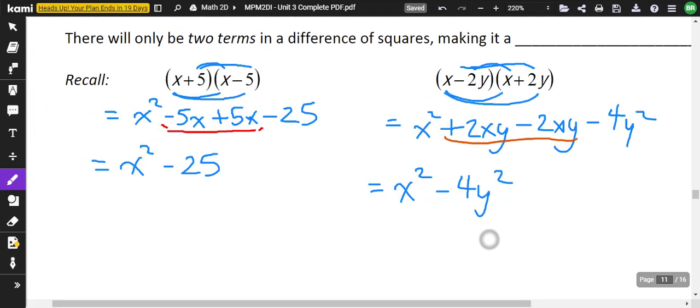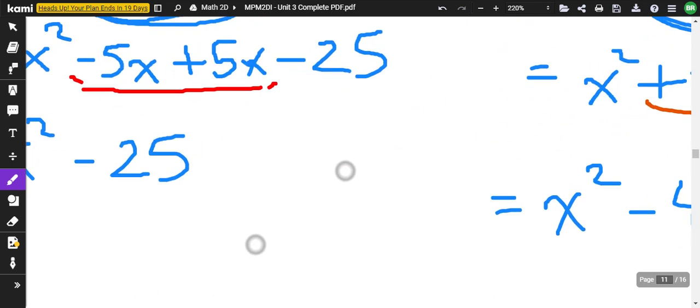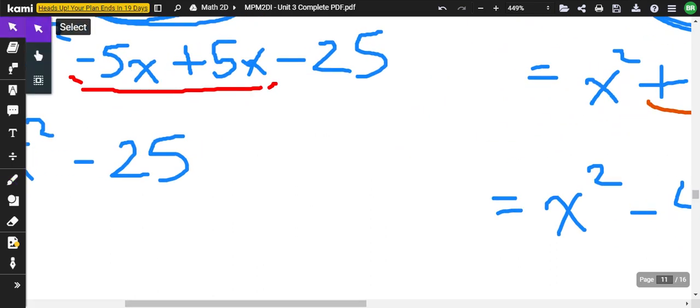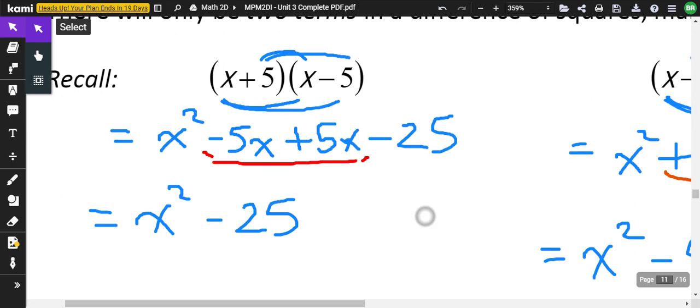The product of a pair of binomials that share a common first term and share a common second term, however, the sign is different in the middle.